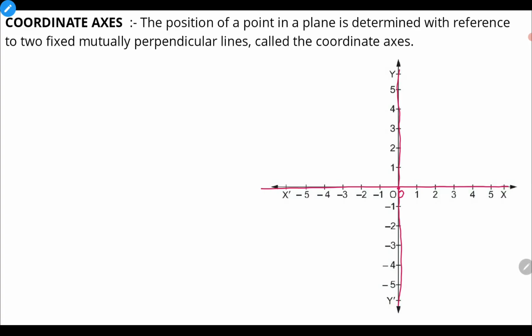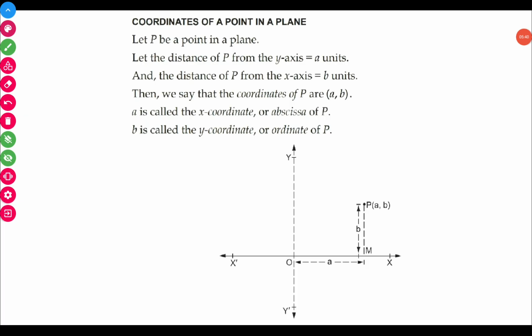So now we will see how we locate points on this, how we put points on this, and how we name them. As you can see, there is a point P whose coordinates are a comma b. This is called the coordinate of a point. This coordinate is nothing but the location of that point on this Cartesian plane.